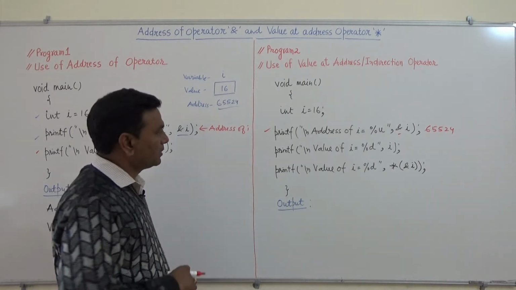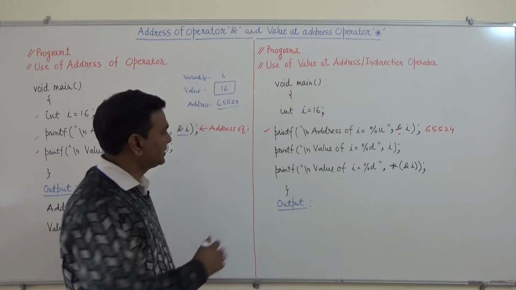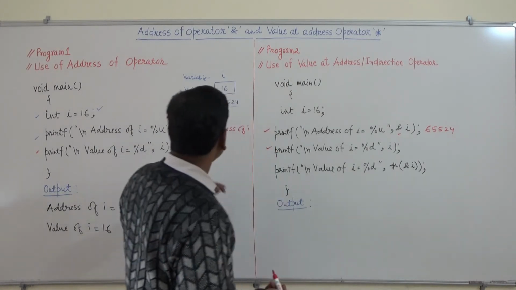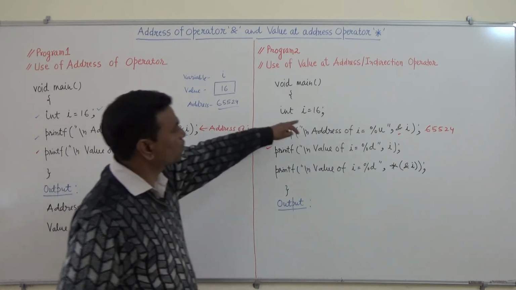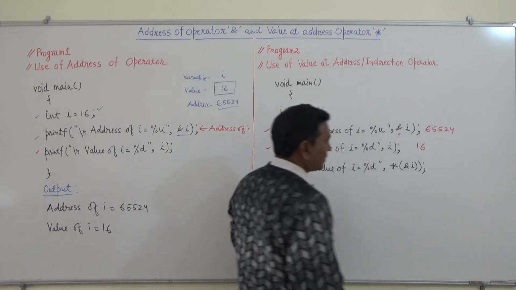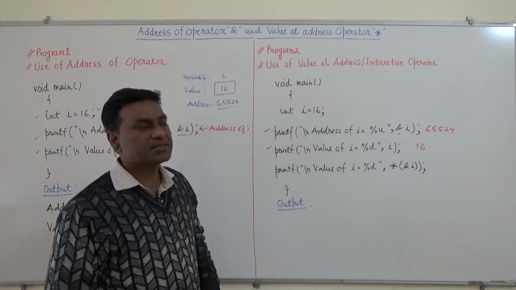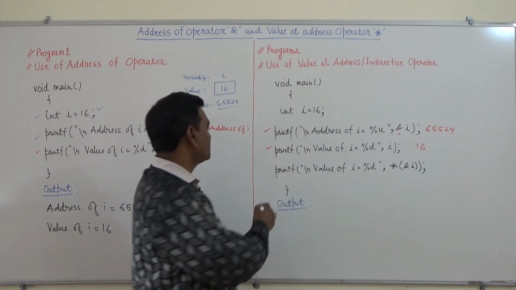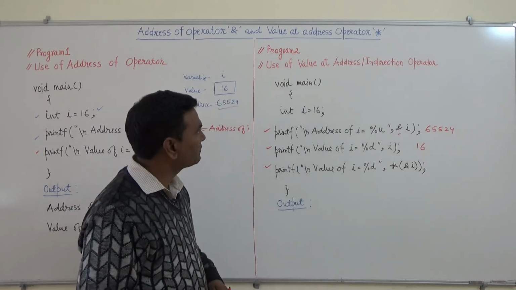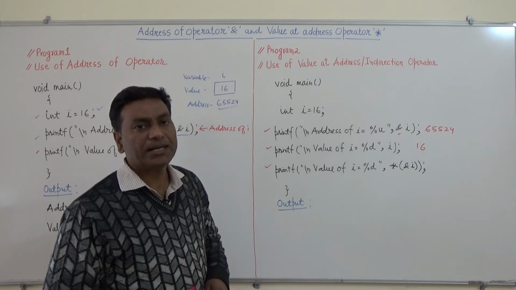Now the value of I is 16, so it will simply print 16, there is no confusion. Now we come to the third statement, which is important for the value at address operator.